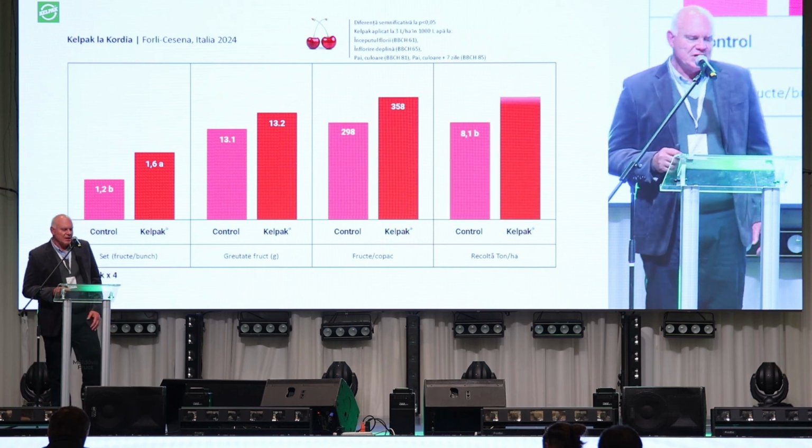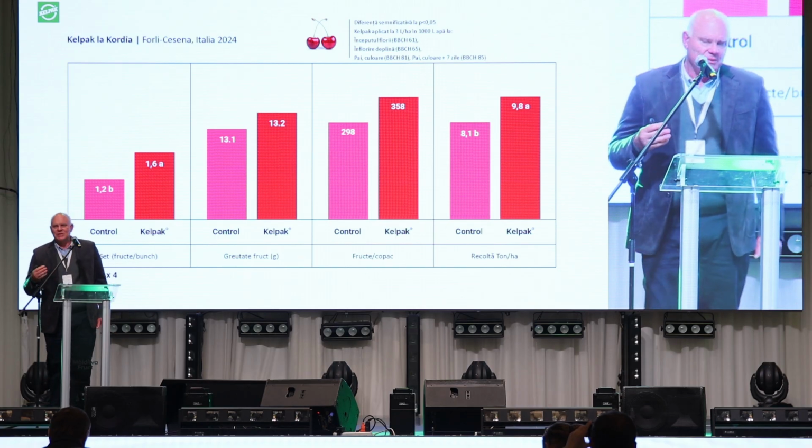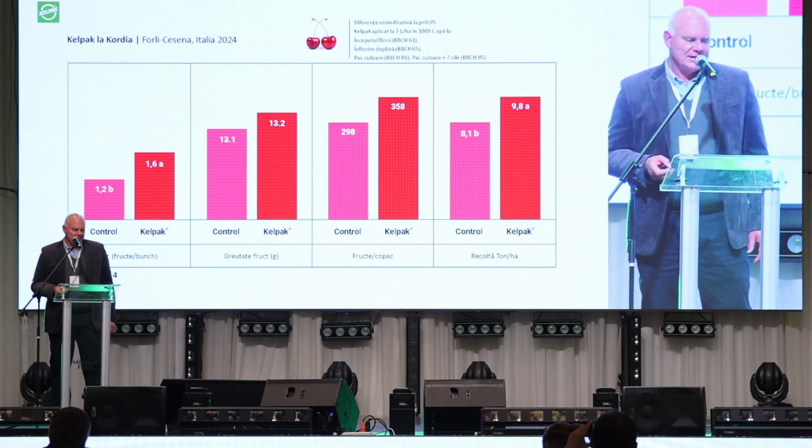The most recent trial that was done in cherries was done in Italy, where we applied Kelpak 4 times during the season: during the flowering stage, and then again at the change of color, and also once more about 7 days later.